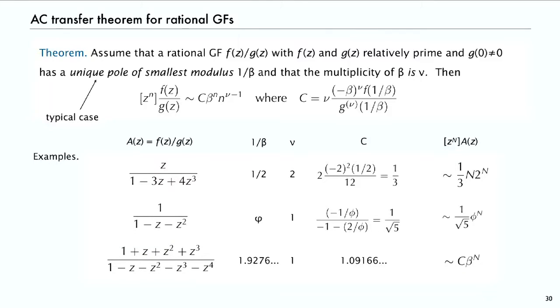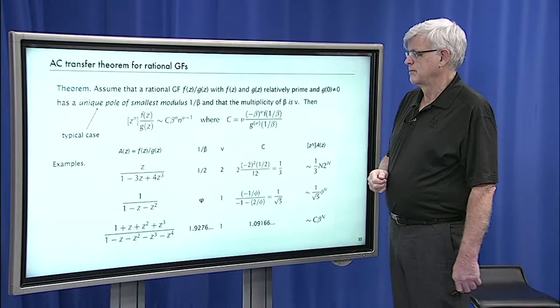Or this is a more complicated one, which is the generating function for the number of binary strings that don't contain 4 zeros in a row. You have to use a symbolic math package to get the root that's closest to the origin. And 1 over that root is 1.9276, and you can plug in to get the constant, and again, immediately get the asymptotic growth.